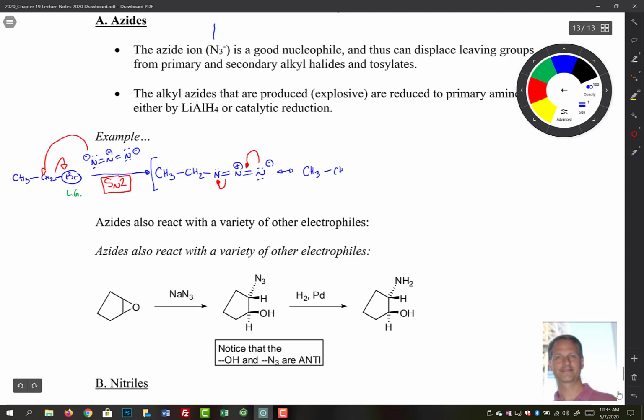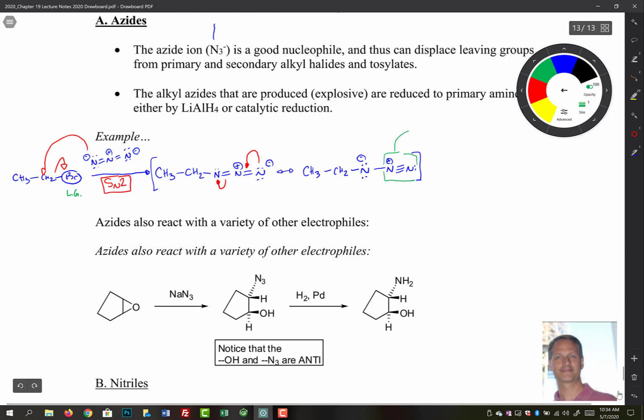That's going to give us CH3, CH2, and then our nitrogen here in the middle is going to have a minus charge, right? And then we'll have our other nitrogen here, triple bonded to a nitrogen at the end, right? And that's going to give us a plus charge right here. Okay, so basically here what happens is we're going to end up getting this group.